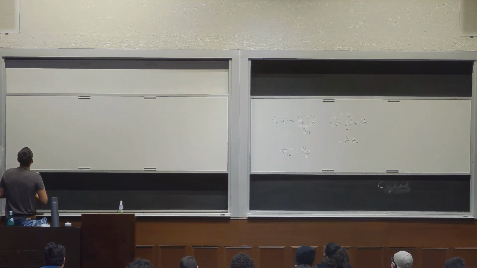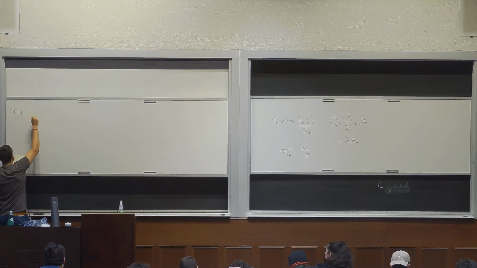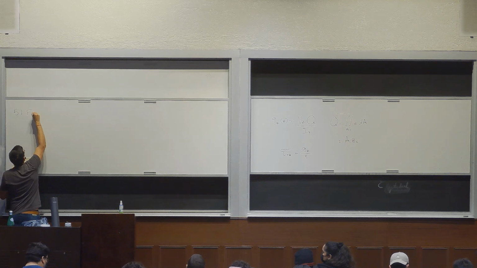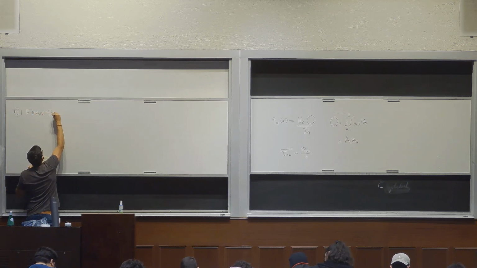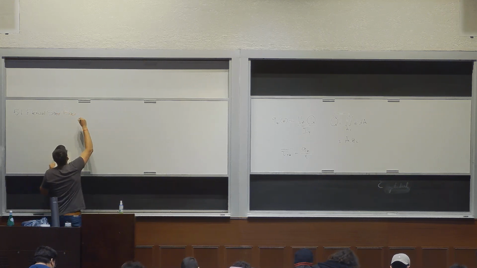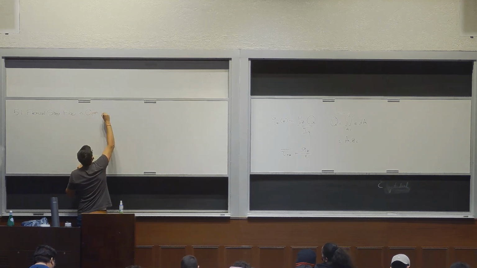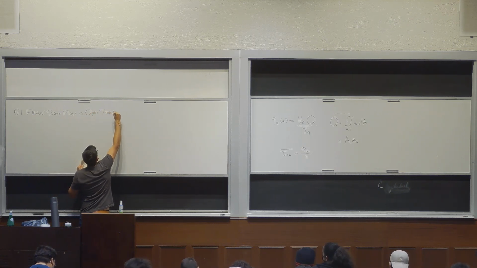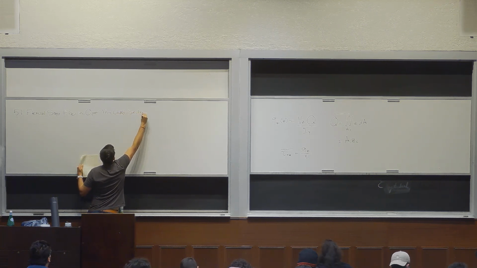So 5.1, this is flexural shear flow in open thin-walled sections.